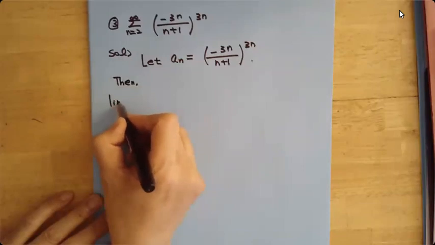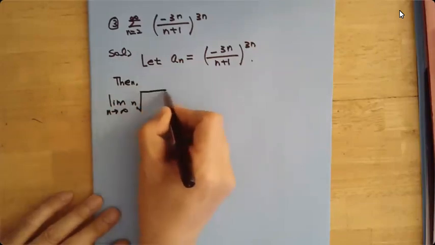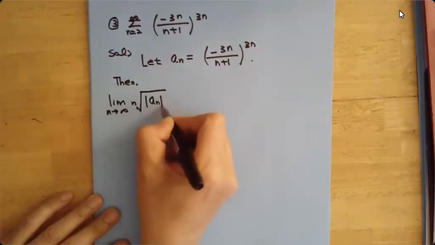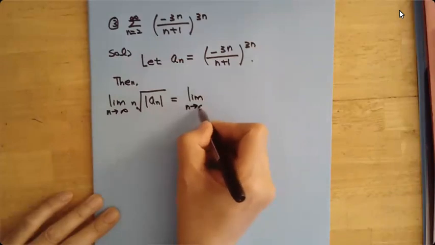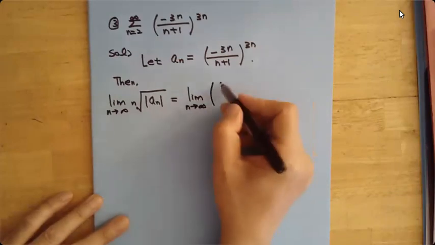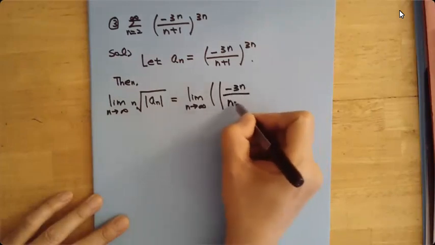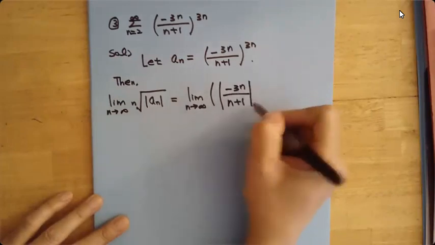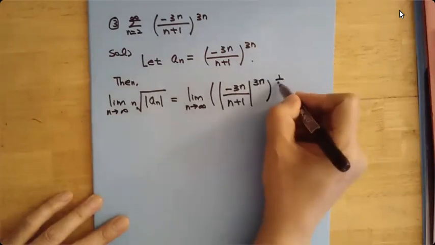Then the limit as n goes to infinity of the nth root of the absolute value of a_n equals the limit as n goes to infinity of the absolute value of ((negative 3n over n plus 1) to the 3n) to the 1 over n power.